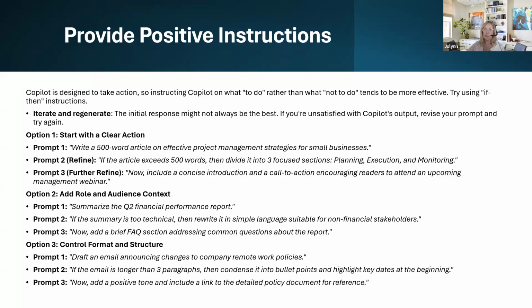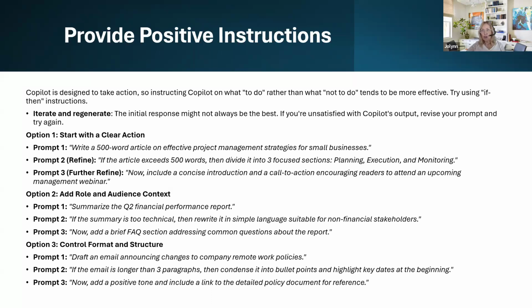So when we talk about the control, format, and structure side of this, draft an email announcing changes to company remote work policies. If the email is longer than 3 paragraphs, then condense it into bullet points and highlight key dates at the beginning. Now add a positive tone and include a link to the detailed policy document for reference. So we're letting it know that this is going to be an email.